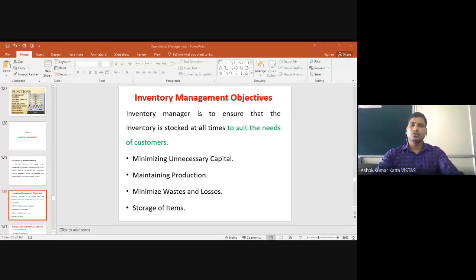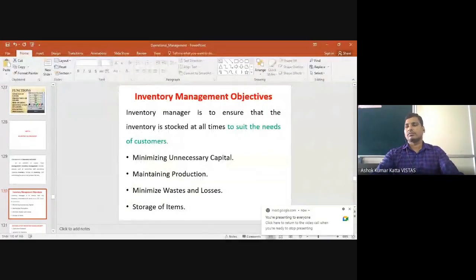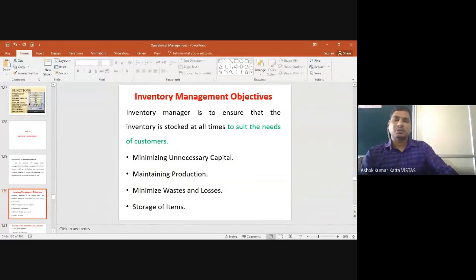Next one, storage of items. What are we going to store? We are storing different materials. We are going to store them in warehouses, or sometimes we store perishable products.